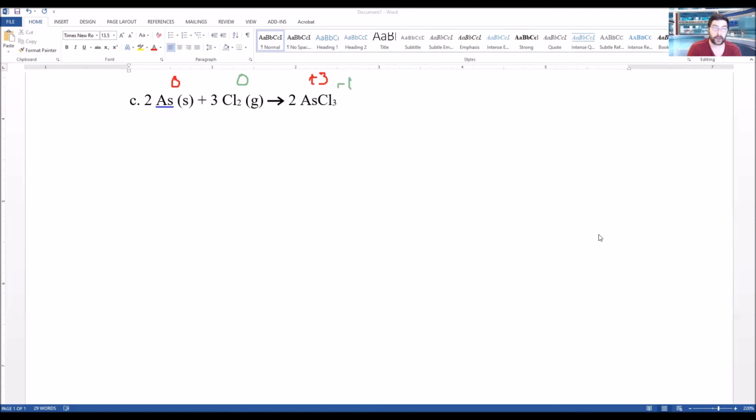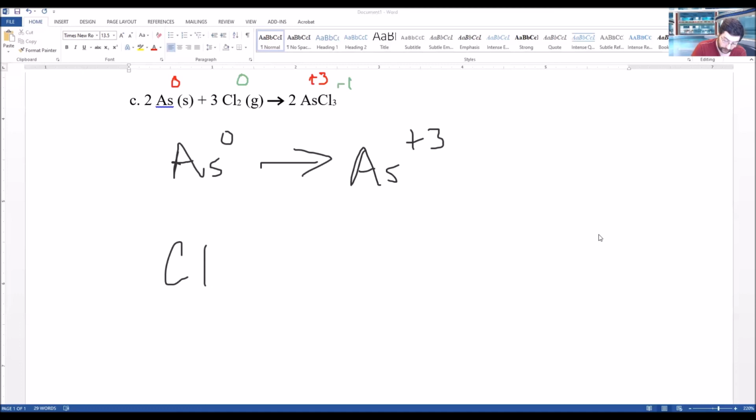Okay, so when we write it out, that means that we went from a neutral arsenic on the left to a +3 version of arsenic on the right. And we went from neutral chlorine on the left to -1 chlorine ions on the right.